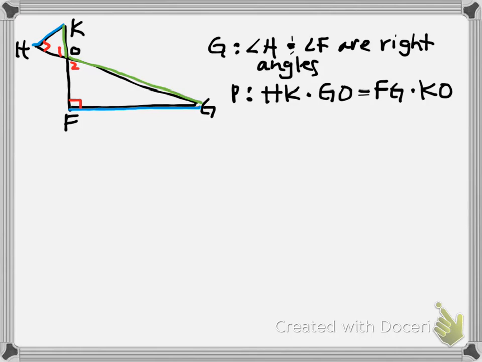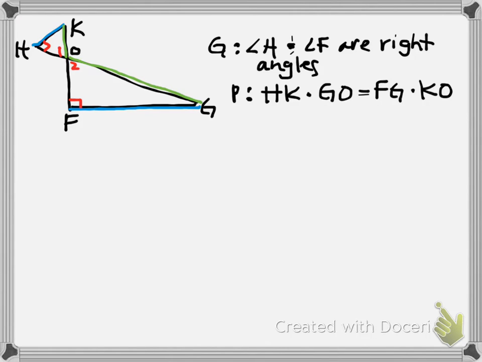So what do you think you would need to have prior to that proof statement in order to get that particular statement of HK times GO equals FG times KO? Okay. Well, right before that, what do we need to have? Guess we're going to need to have a proportion.